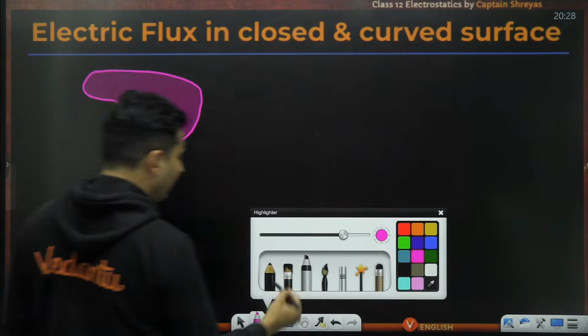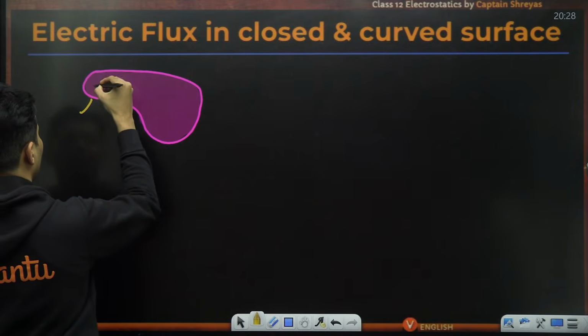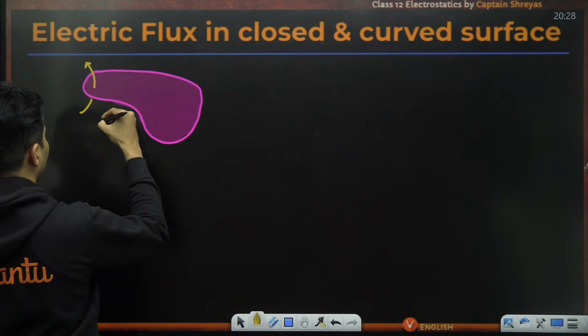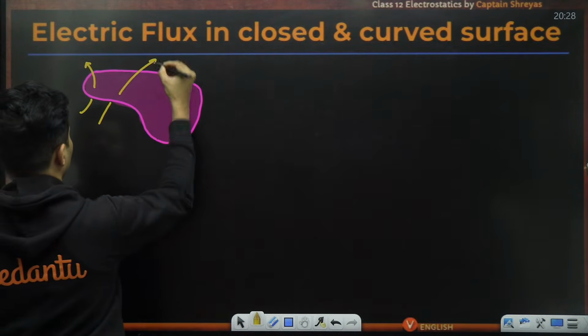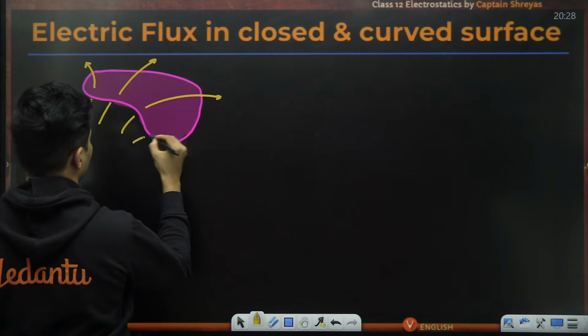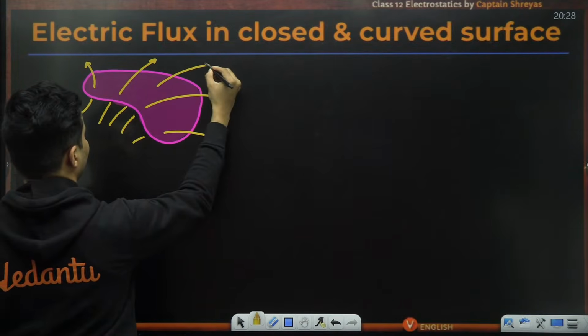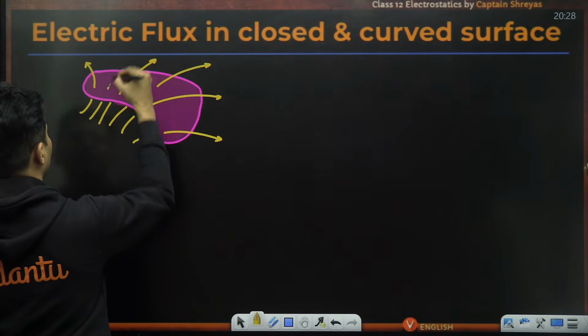Even the field through it is not constant. It is non-uniform, so that means the field lines are curved lines. So some lines are going like this, some lines are going like this over here. So everywhere, as you can see, the field lines are curved in nature.